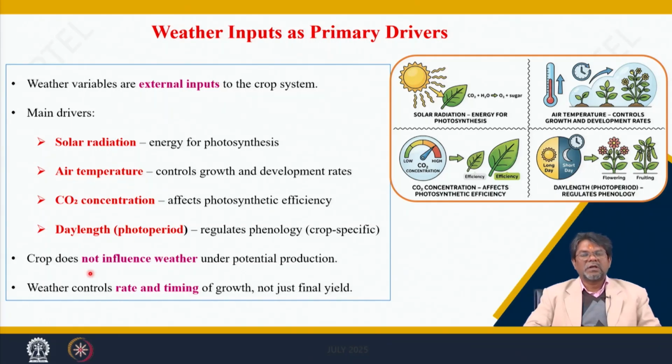We are assuming the other factors are optimum, because there is no water or nutrient stress, the crop has optimum availability of water and nutrients, and does not suffer from any pest, disease, biotic or abiotic stress. Then the growth and development of the crop is influenced by the weather parameters.